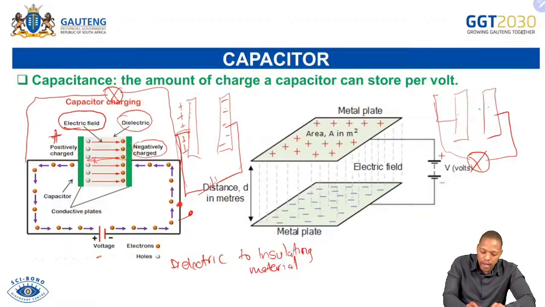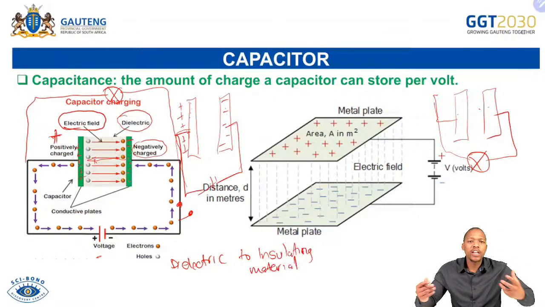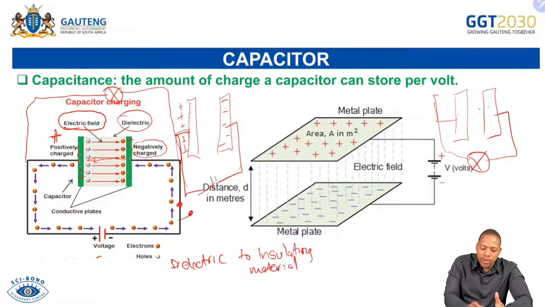We have more negative charges here. Electrons are negative, you remember? And here we have more positive charges, I mean. So electrons will now want to move from here to here. They will be attracted, unlike charges attract each other.